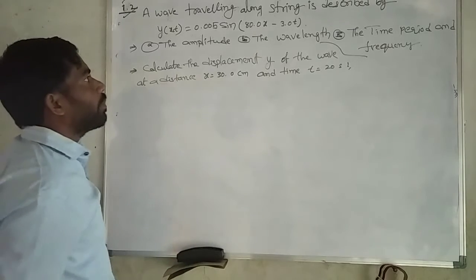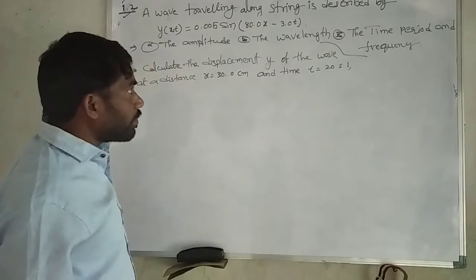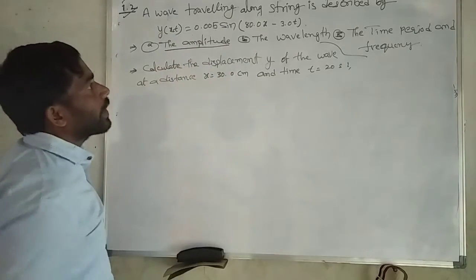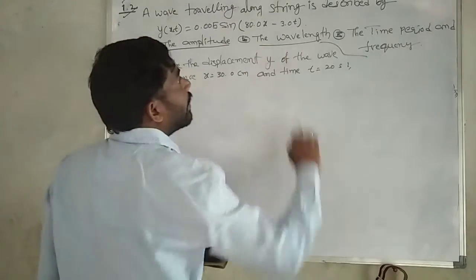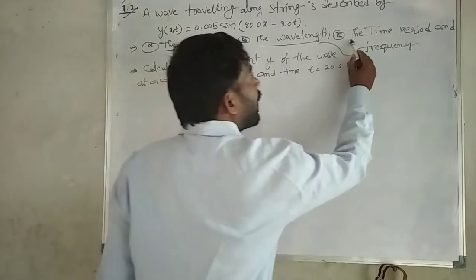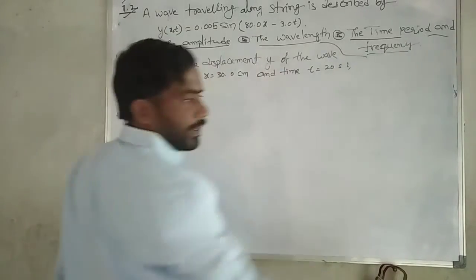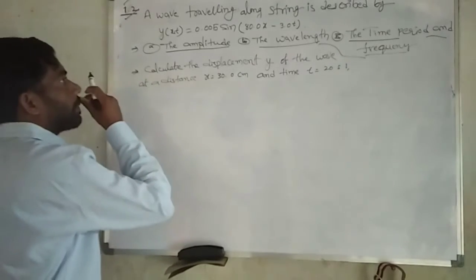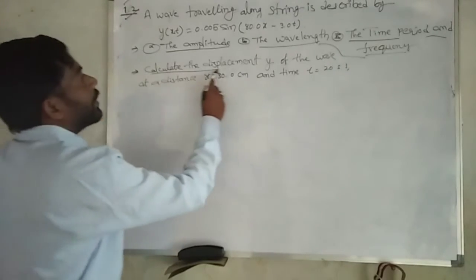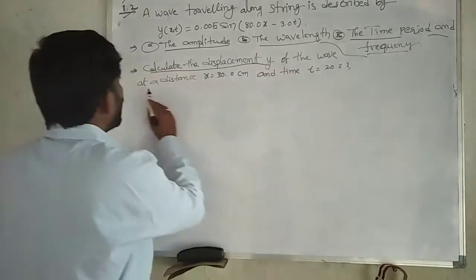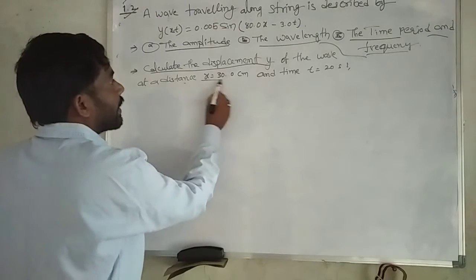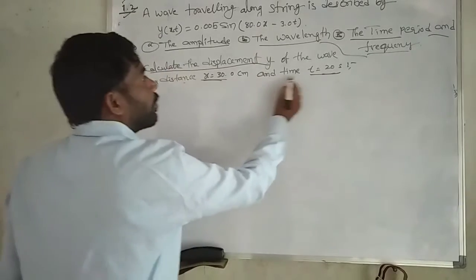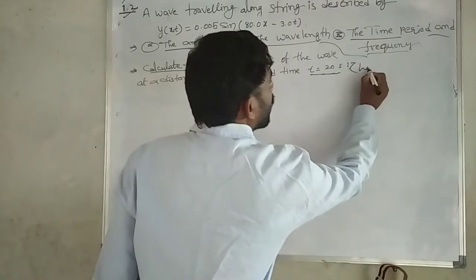In this given problem you have to find out: first one is amplitude, second one is wavelength, third one is time period, and the frequency. Then calculate the displacement y of the wave at a given distance x and given time. This problem you do as homework.